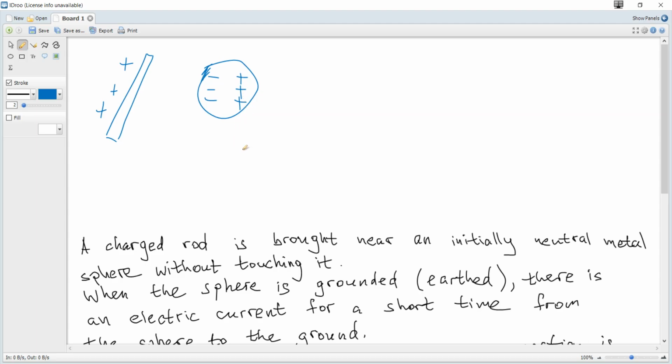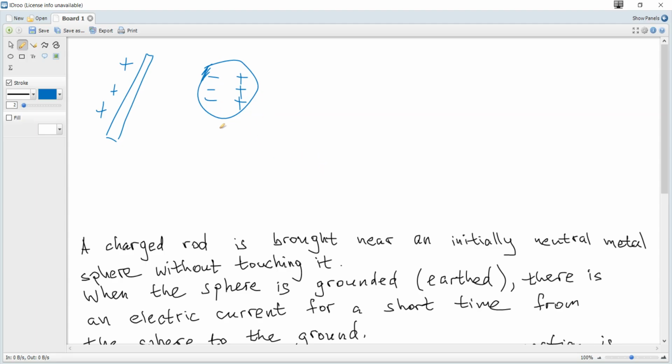But actually what happens, electrons just move to the left, closer to the rod. Why? Because positive charges of the rod attract electrons, and for all such processes, just remember that only electrons are moving.